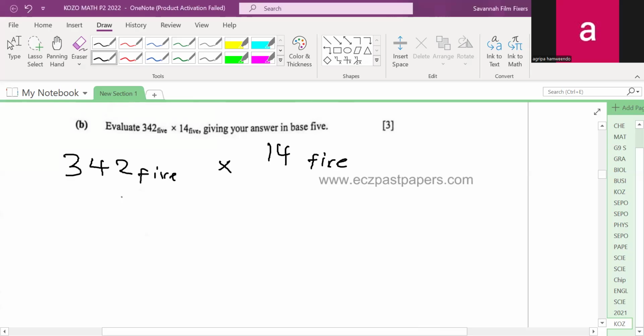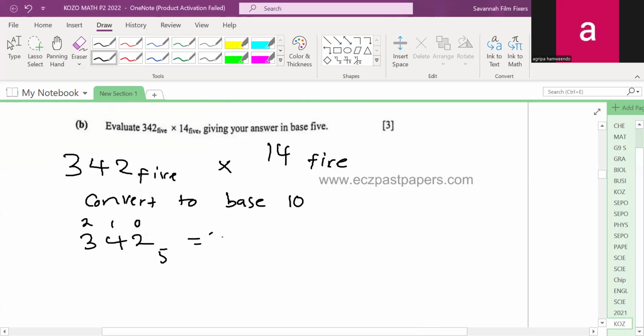So the first step here, we have to convert it to base 10. So convert to base 10. And we'll be using the place values here. If we have 342 in base 5 and we want to convert it to base 10, the place values will be 5 to the power 0, 5 to the power 1, and this will be 5 to the power 2.